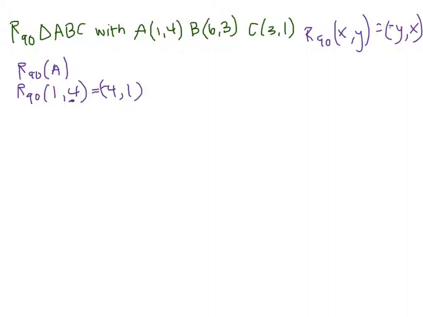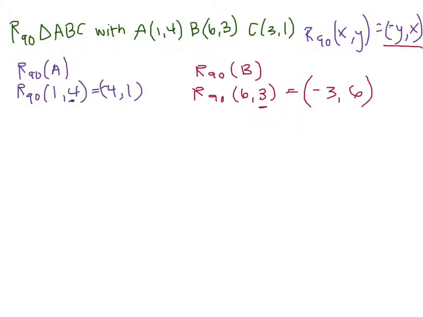Now let's do it for B. Rotation of 90 degrees around point B means that we are going to be rotating the point 6, 3 90 degrees. Rotation of 90 means that X and Y switch places and the Y value switches signs. So if my Y value starts out as 3, it's now going to be negative 3.